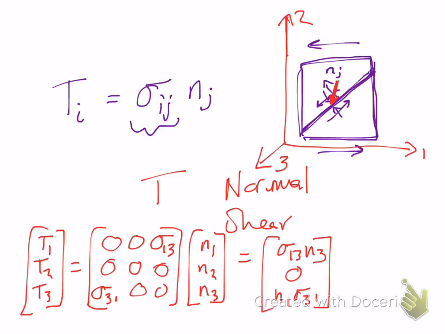So T1, 2, and 3 are the expression of the red vector in this 1, 2, 3 coordinate system. When you want to figure out what the exact shear is on that plane, you have to rotate the coordinate system of this vector to figure out the component in this direction and the component in that direction, because right now it's written in terms of this big coordinate system.